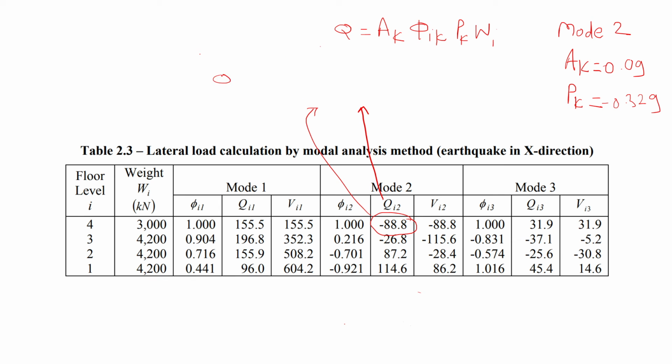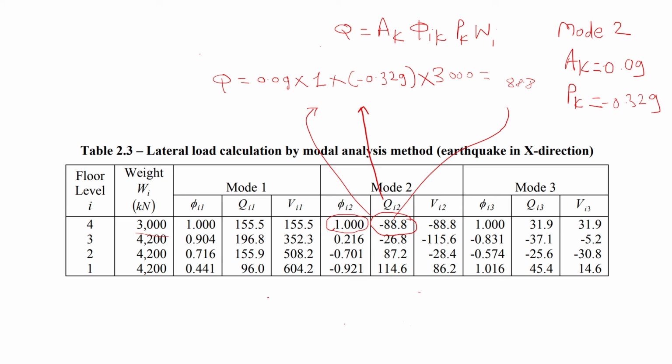So Q is equal to 0.09 multiplied by mode shape 1 multiplied by PK, which is minus 0.329, multiplied by weight 3000. So you will get this value.